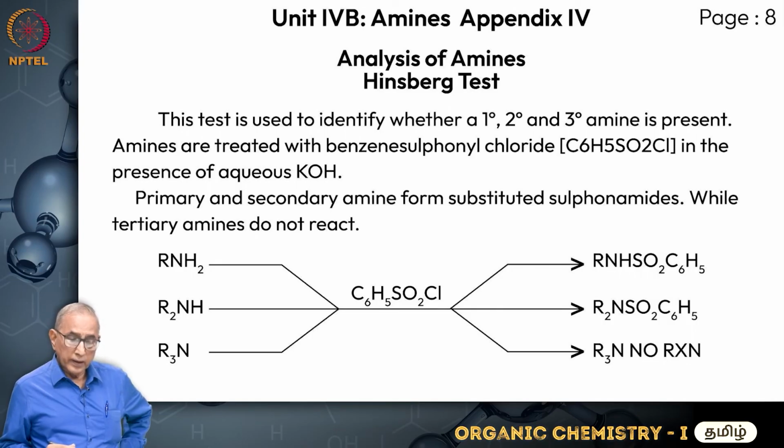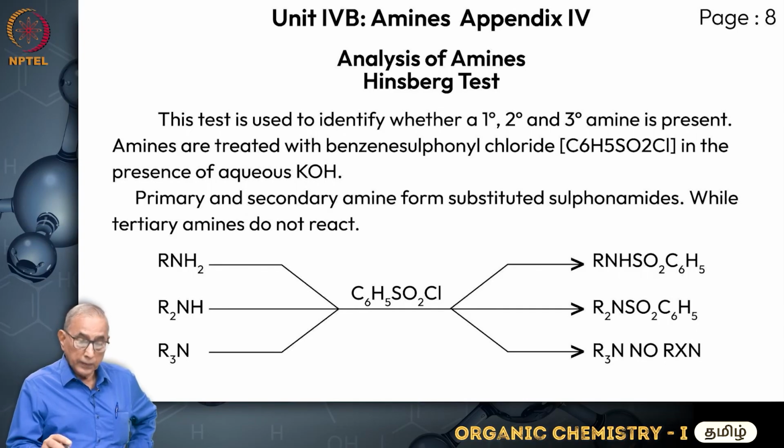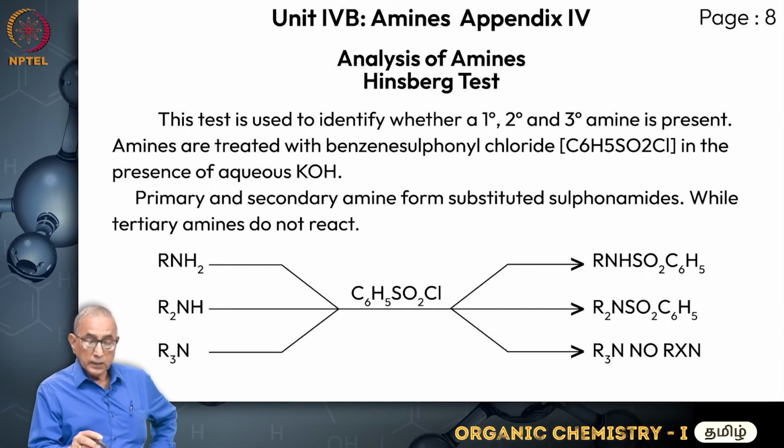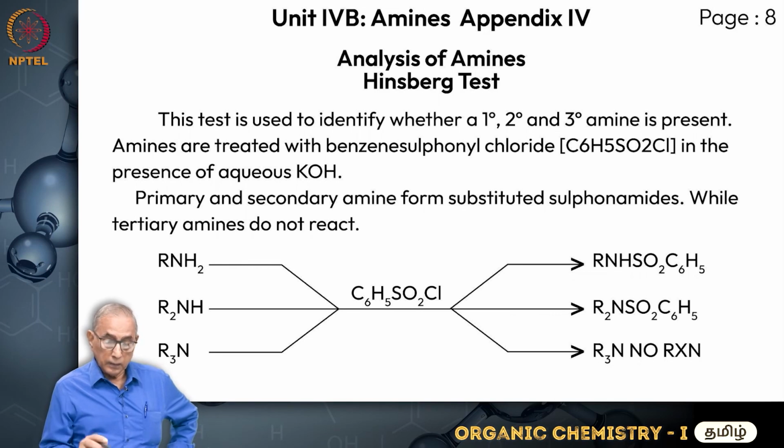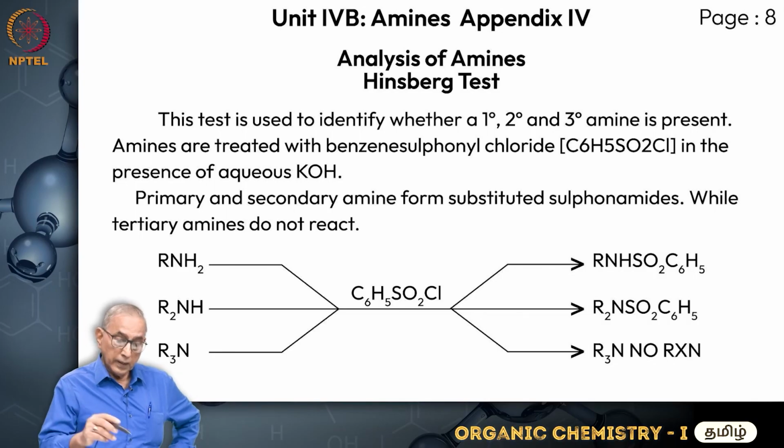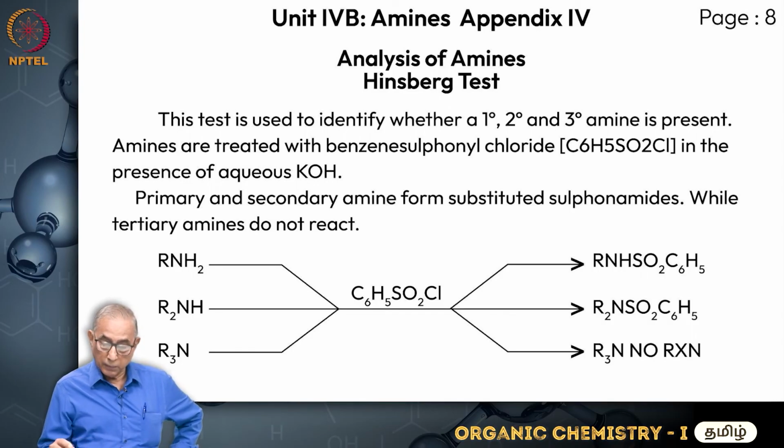The test is used to identify whether a given amine is a primary, secondary or tertiary amine. To do this, you treat the amines with benzenesulfonyl chloride in the presence of aqueous potassium hydroxide. You dissolve potassium hydroxide in water to make a solution, add the amine to benzenesulfonyl chloride, and then add this aqueous potassium hydroxide. Here primary and secondary amines form substituted sulfonamides.